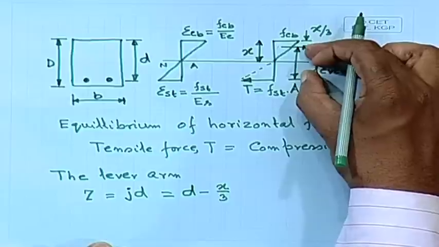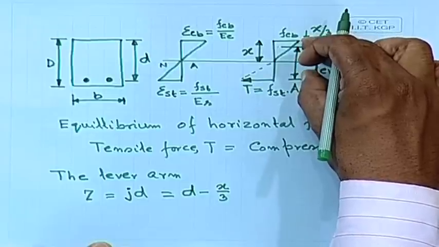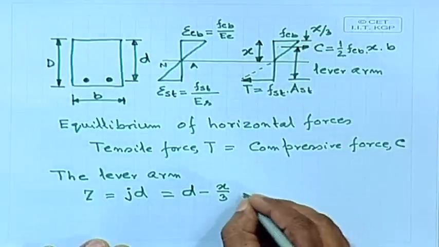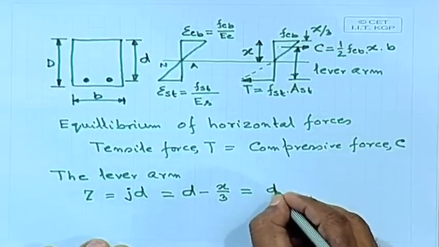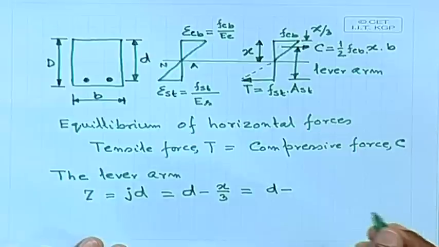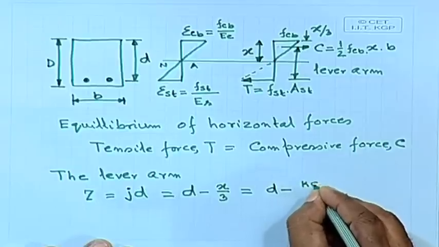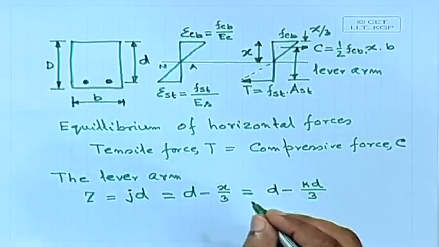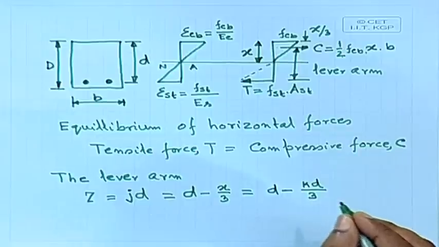So, this will be equal to the effective depth D minus x by 3, that will be your lever arm. Again, we can write x as another parameter, say KD. I am assuming x is another fraction of the effective depth; we are considering everything in terms of effective depth.